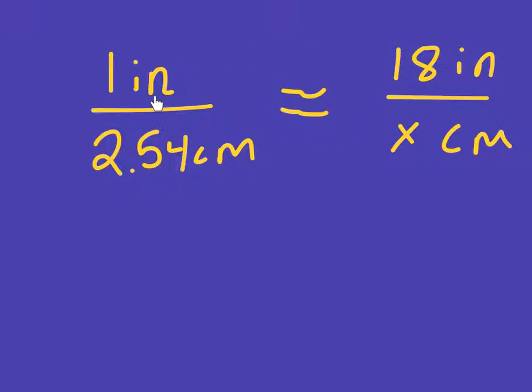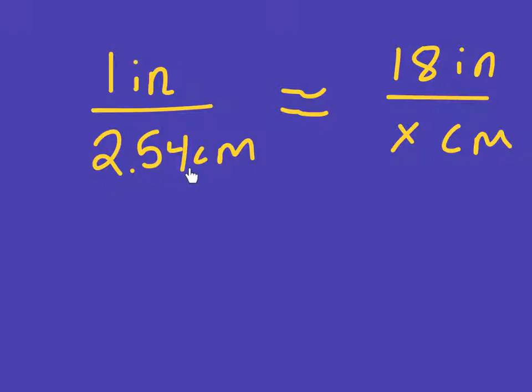Since I put inches on top here, inches go on top here. If I switched it and put centimeters on the top, then centimeters would go on the top over here. Just be consistent. So the conversion factor is 1 inch is equal to 2.54 centimeters.